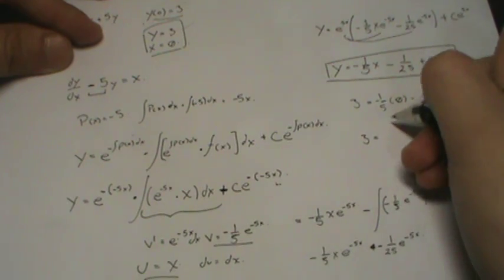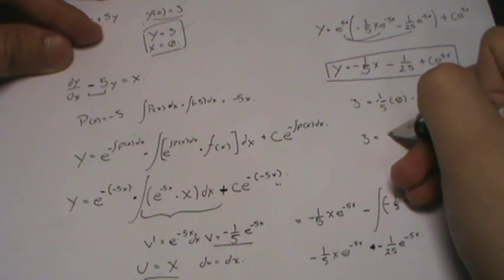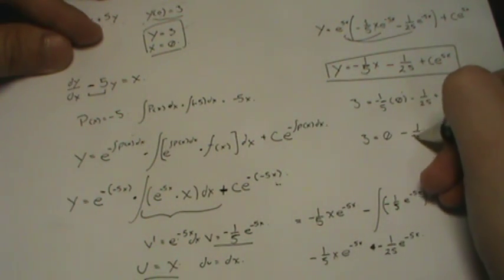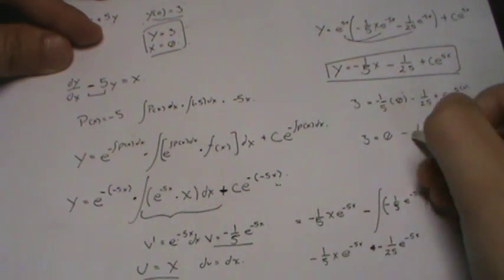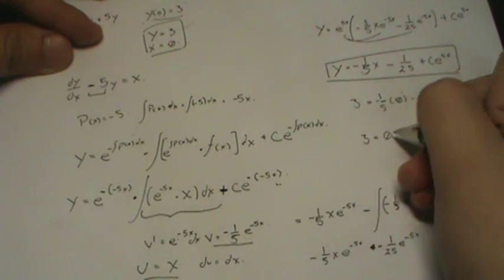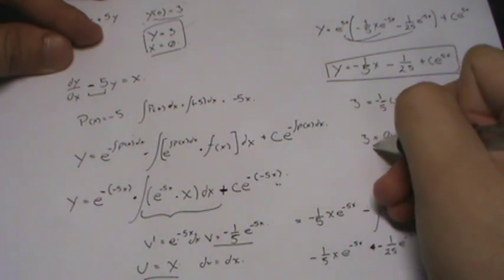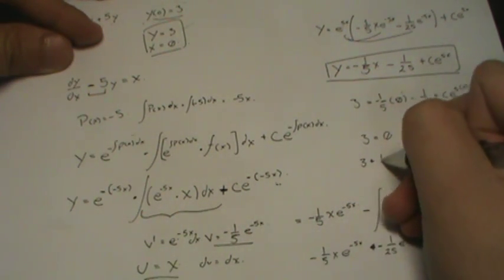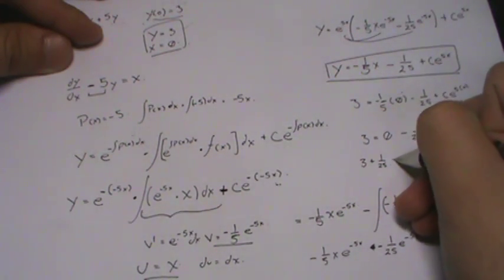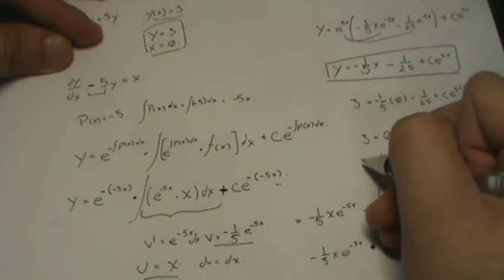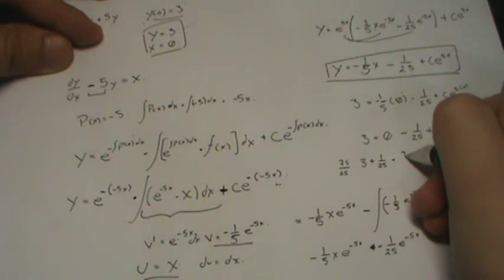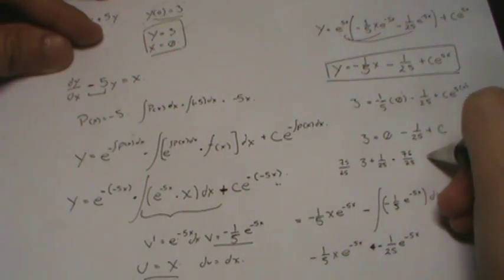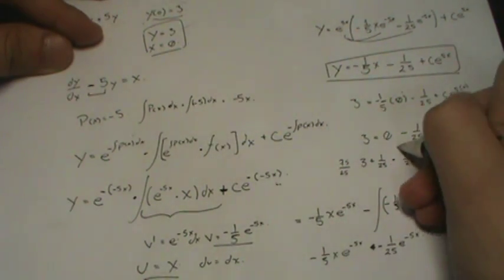So you have 3 equals, this one just gets 0, minus 1/25 plus c. So now this one passes to the other side. So you have 3 plus 1/25, which is the same as 75/25 plus 1/25. So we have 76/25 equal to c.